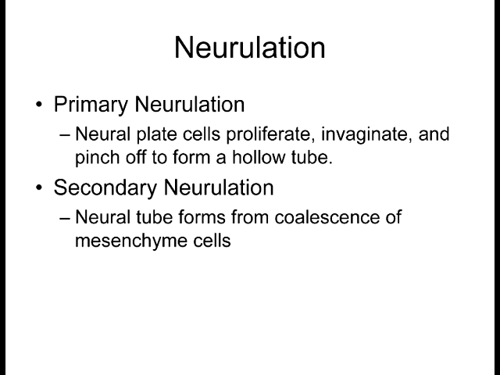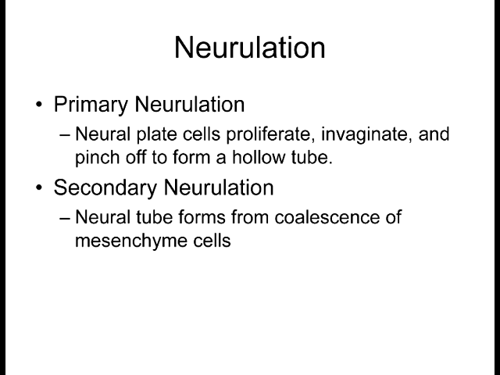So the neural plate is a part of the ectoderm that's going to be induced by the organizer that will take on a different fate than the rest of the ectoderm. It receives various paracrine signaling that allows it to invaginate and start forming a long tube, which we call the neural tube.